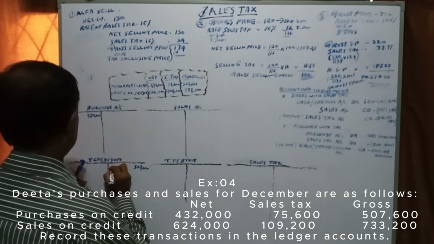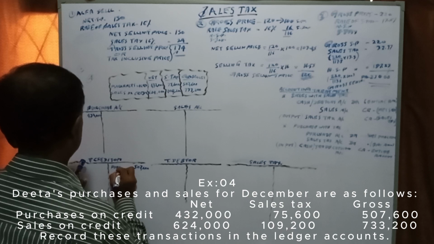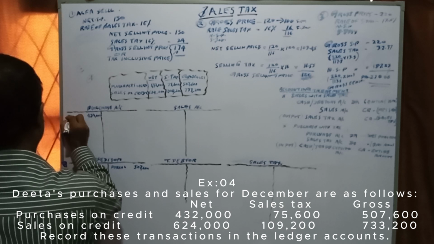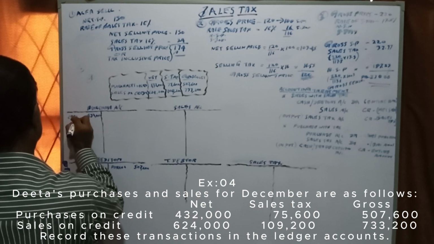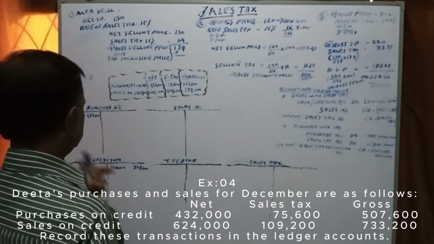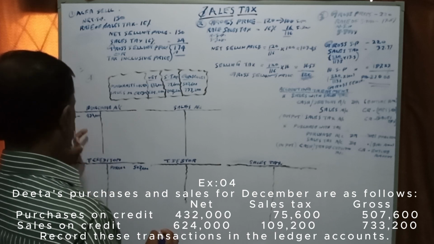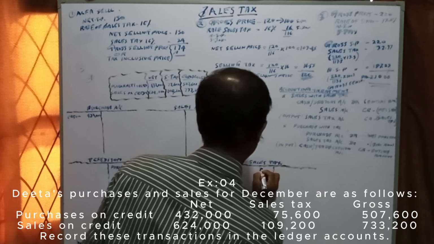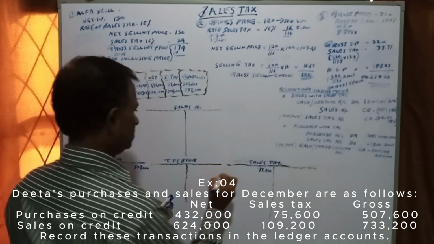This goes to the creditor, and sales tax, how much? 75,600. This is debited.